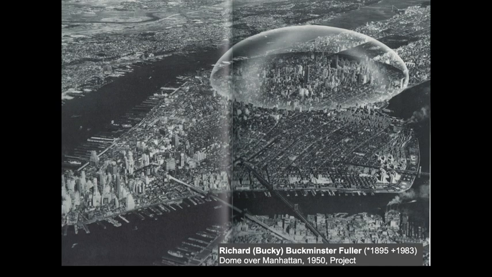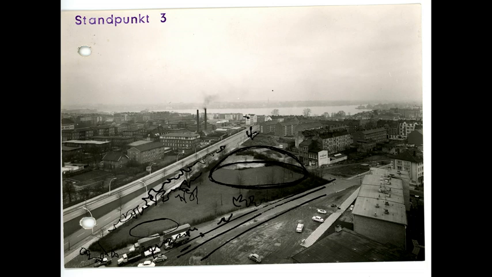So imagine a part of Manhattan could be under a roof, could be under a dome. So then you really have a new sky, a new private sky, and well, this is something that really tries to change the world. Fortunately or unfortunately, this project was never realized.